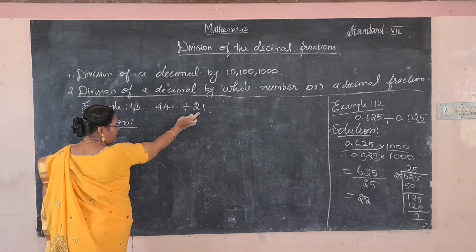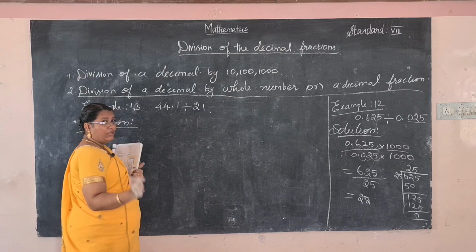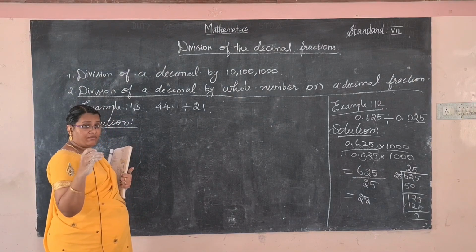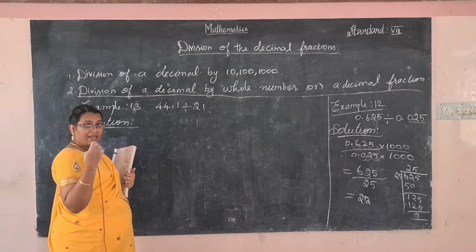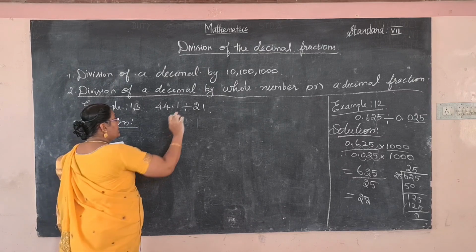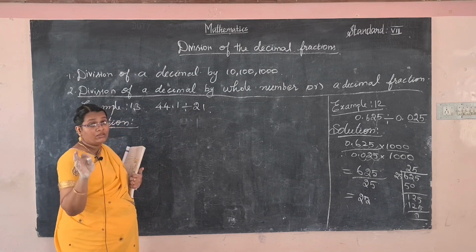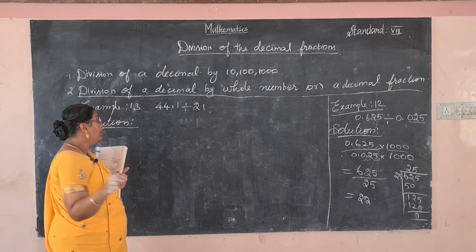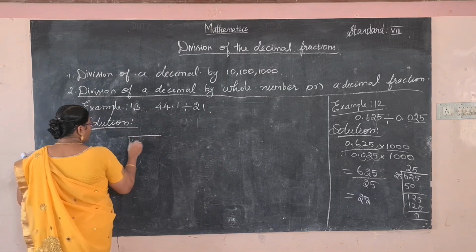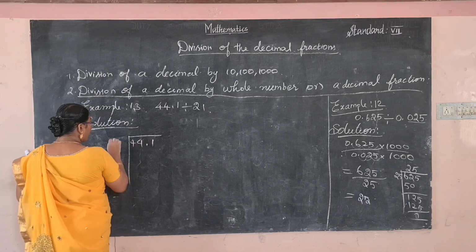If there is a decimal in the denominator, you should find the decimal places and multiply the numerator and denominator by tens, hundreds, thousands, like that. Okay, in case the divisor is a whole number, you use the direct method. Direct method means as usual, normal calculation like this.